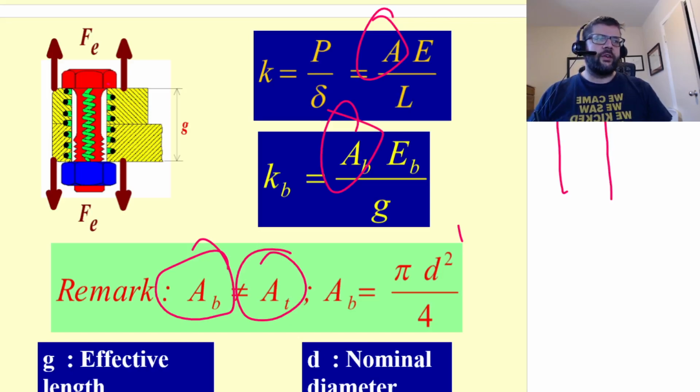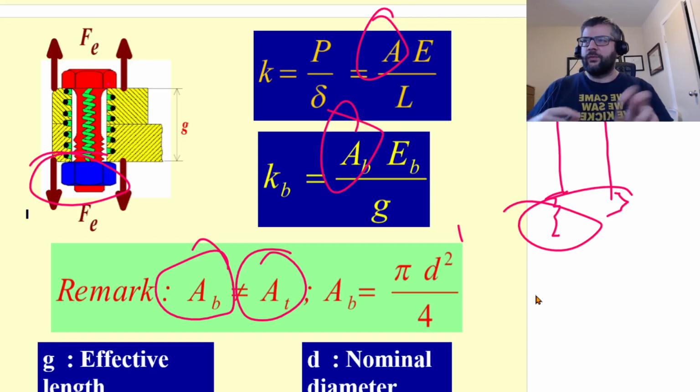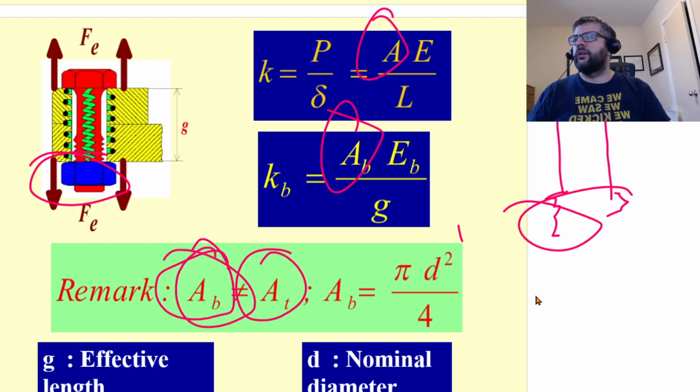So we've got the shank section here, and then the threaded section here. The threaded section has a smaller cross-sectional area, but bolts are typically designed to have the threaded section only near the ends, where you need to apply the nut, and the rest of it is a smooth shaft. So the area we use for that calculation is based upon the nominal area there.